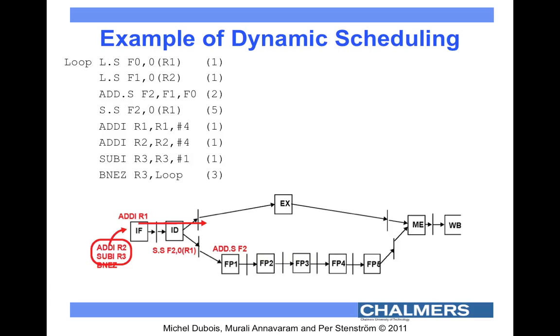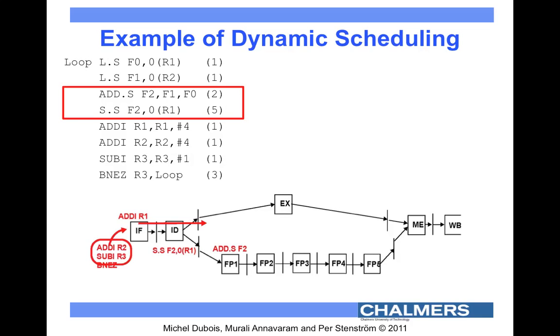So now let's execute that on a standard pipeline as we have seen, and let's zoom in on when we have launched the add instruction for execution in the floating point pipeline. Then the problem is that the store will sit in the ID stage to wait until the add instruction has finished, because it needs the output operand before it can launch.